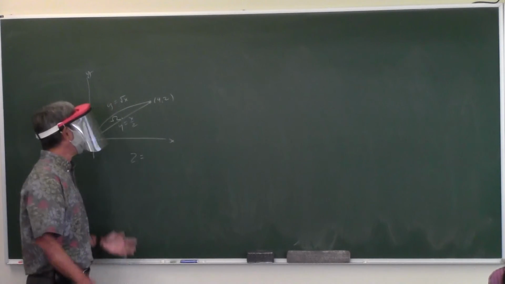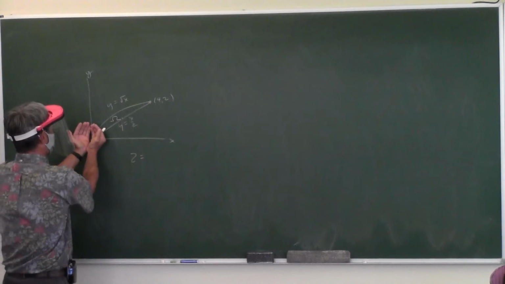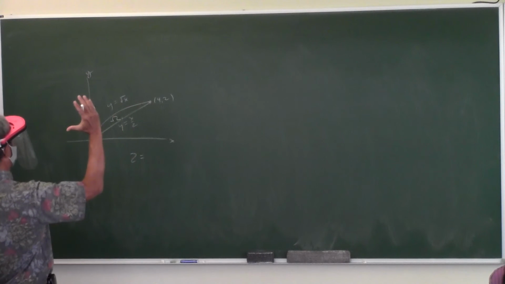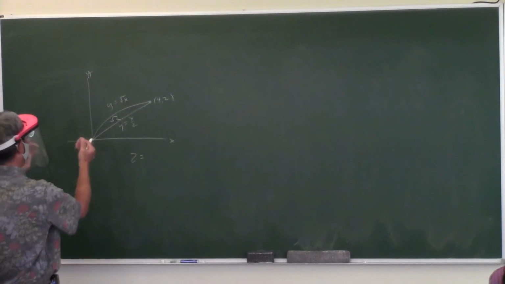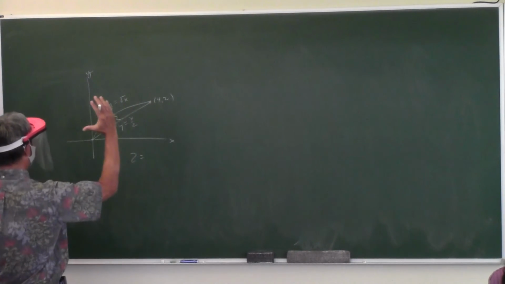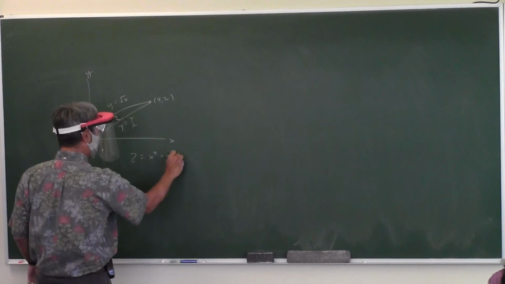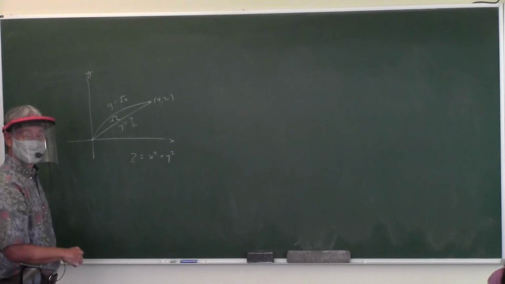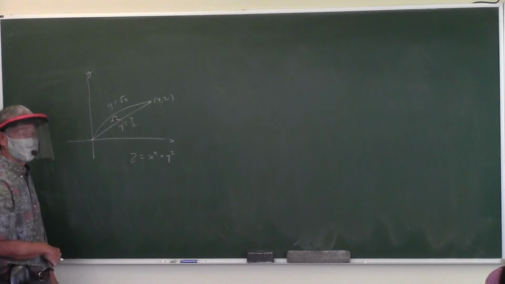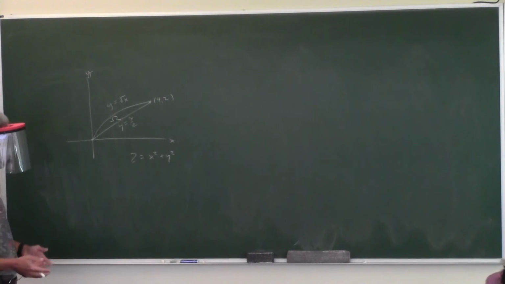Okay, how about a paraboloid coming up like this, z equals x squared plus y squared? Okay, we'll try it. I don't know what the integral is going to come out to. Maybe it's doable, maybe it's not.